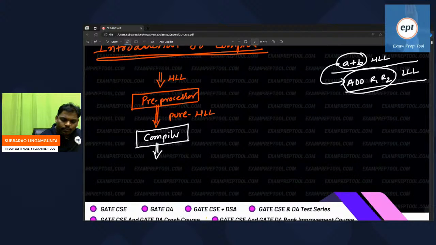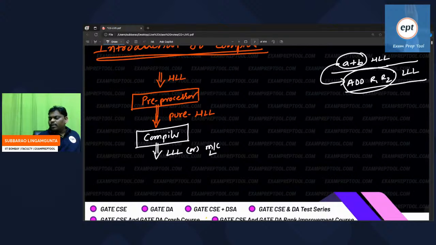The low level language is also called machine language.